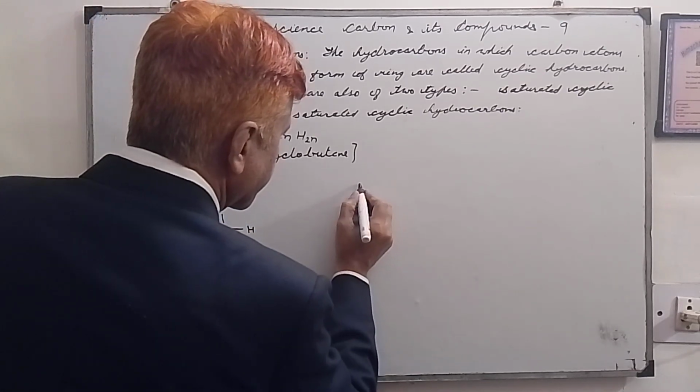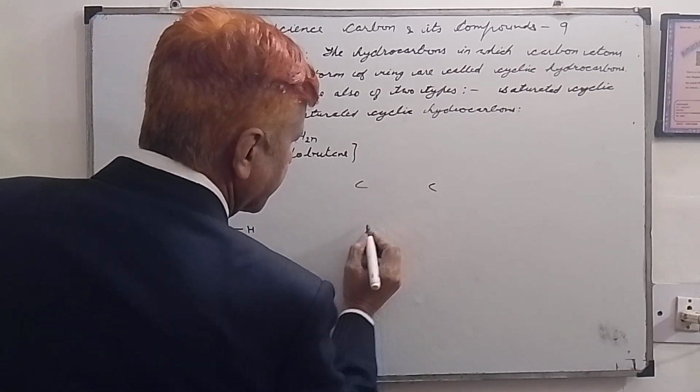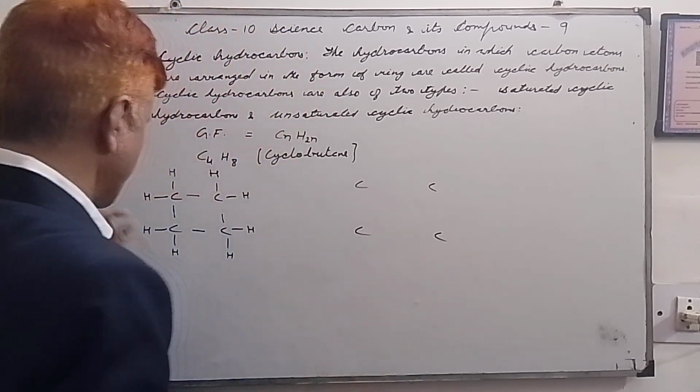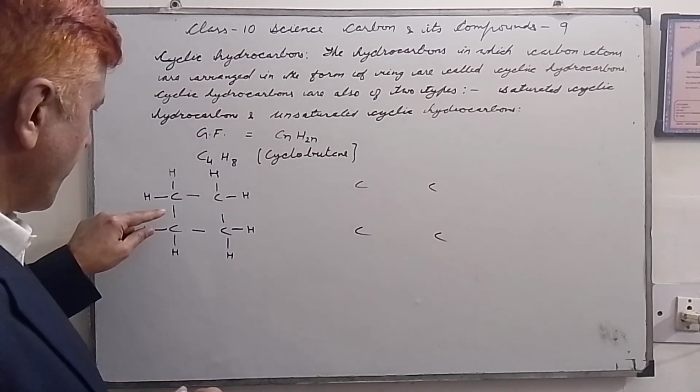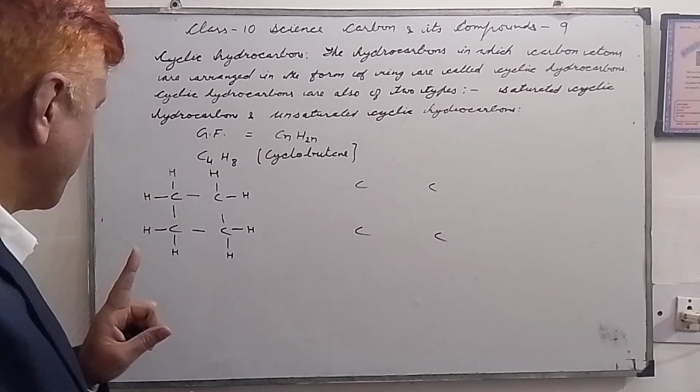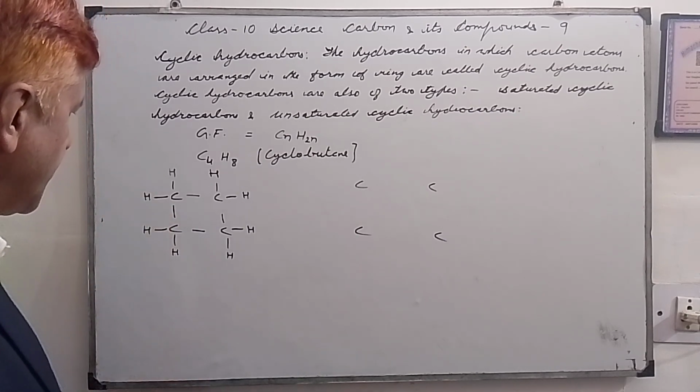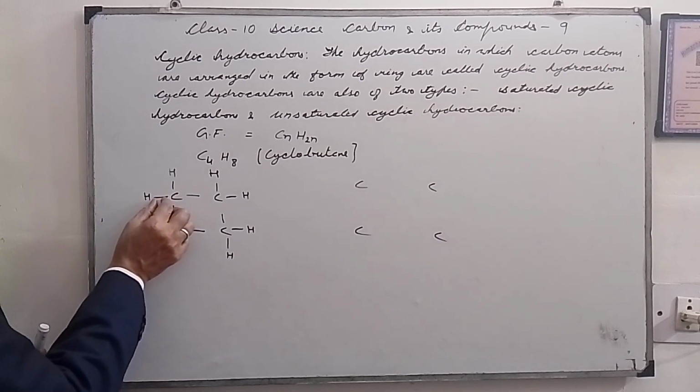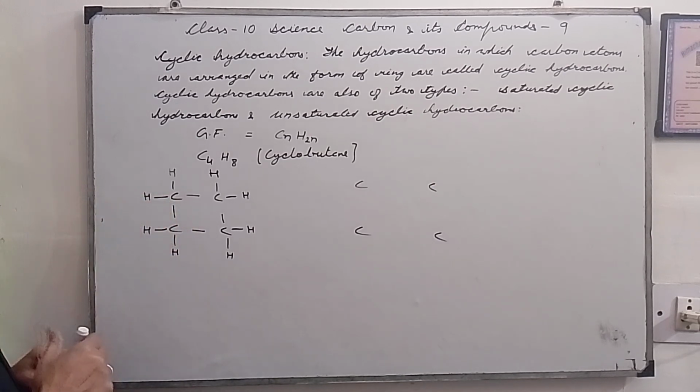So carbon, carbon, carbon, carbon. Each bond corresponds to a pair of electrons. So please always remember, my dear students, that one bond corresponds to one pair of electrons.